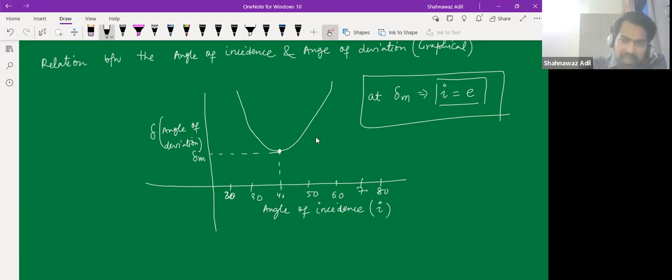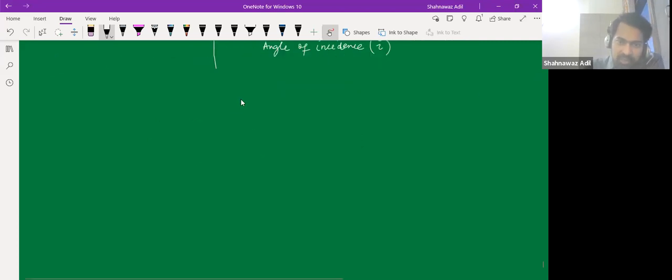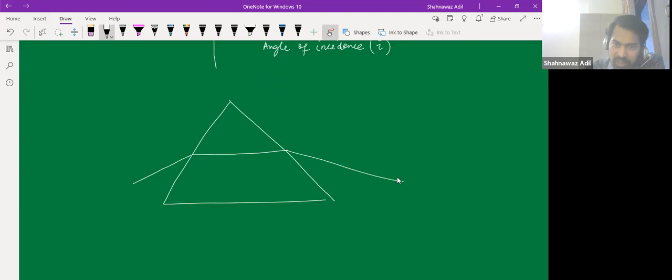So if my angle of incidence is equal to the angle of emergence, so this is normal, so this is my angle of emergence, this is my angle of incidence, right? So this angle is refracted angle, this is R1, and this is R2, right?